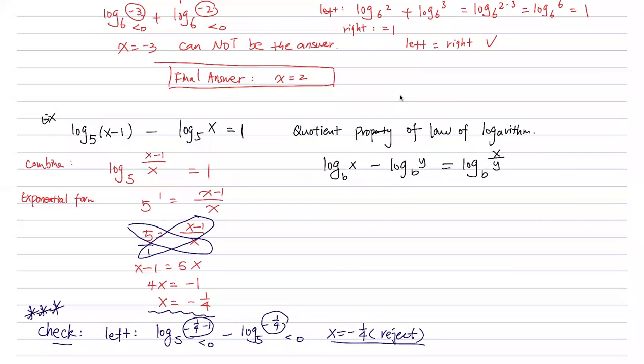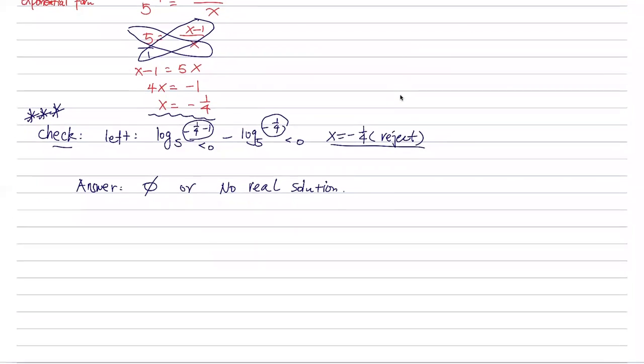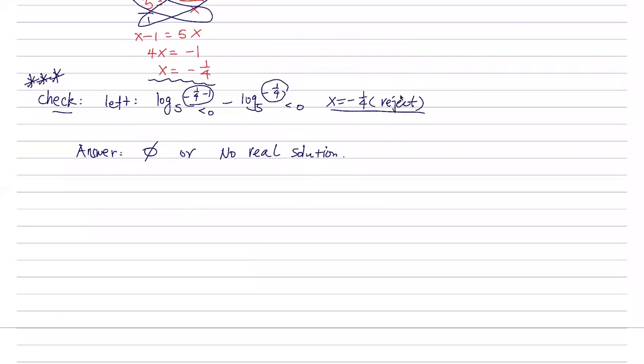All right, so if you would like to, again, you can try some questions as a practice. So the first question you can try is log base 2 of x minus 1 equal to 5.